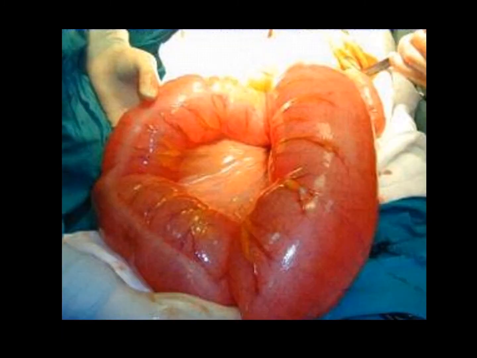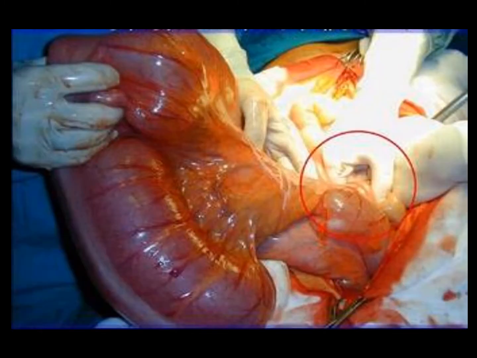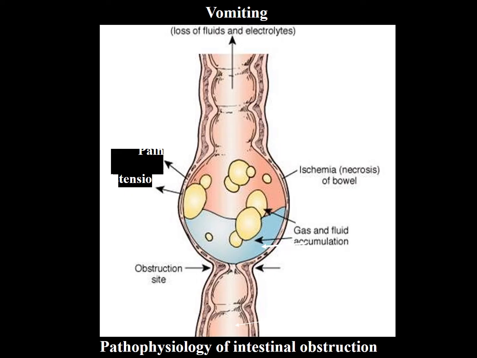Now we have to see what we will do with malignant intestinal obstruction. Here we find the malignant lesion. How can we deal with a patient with malignant strictures? A patient may have abdominal pain, vomiting.